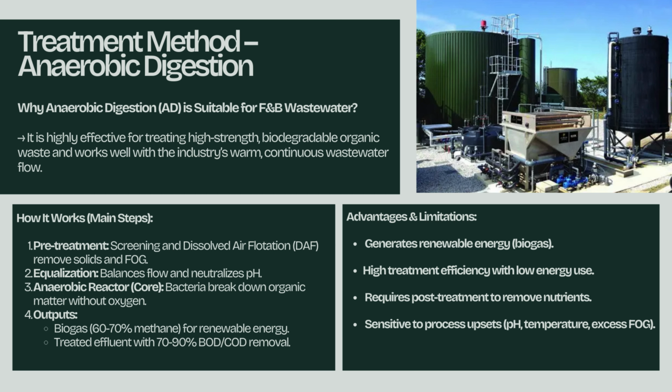So how does it work? Basically, it goes through pre-treatment and then equalization, and then the anaerobic reactor, and lastly the output, which is biogas and treated effluent with 70 to 90% removal.